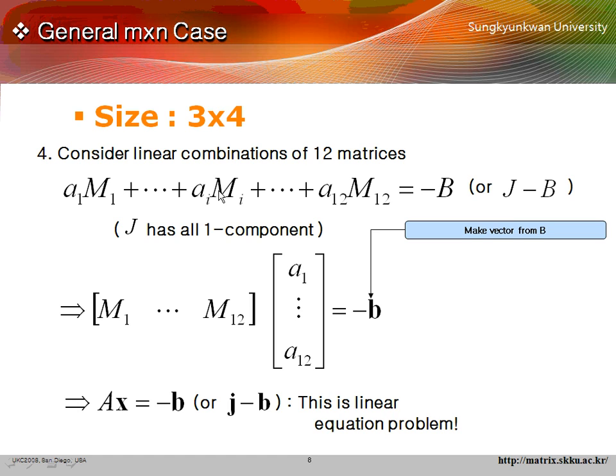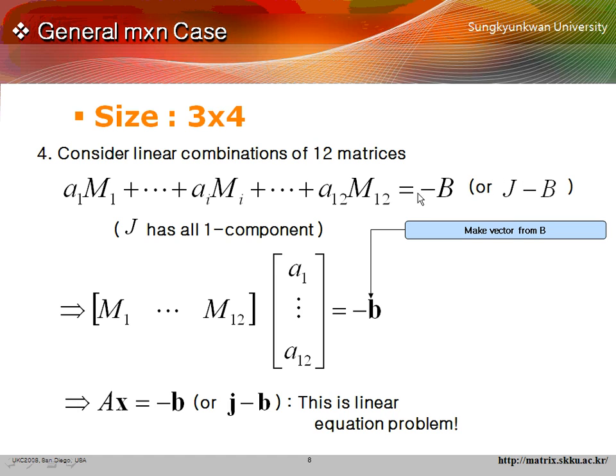We choose some of the 12 actions and find the linear combination of them to be added to the given initial condition to make it an all-zero matrix, or a matrix with all ones, all white or all black. So this is the mathematical simulation. This linear combination is equal to minus B or J minus B. This is the case where we make it all white, or all black.